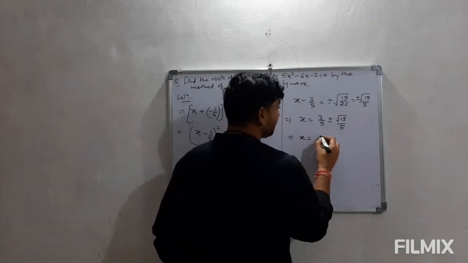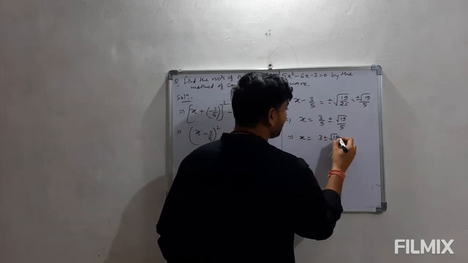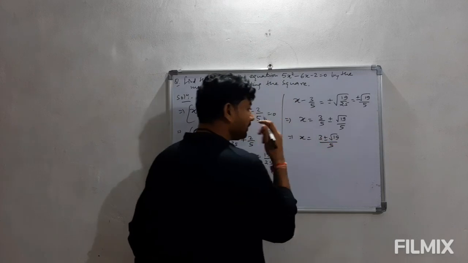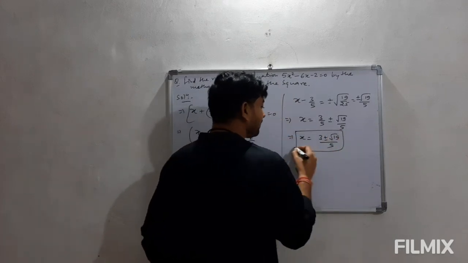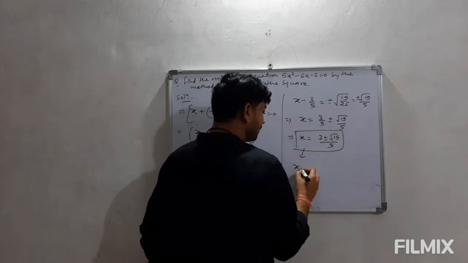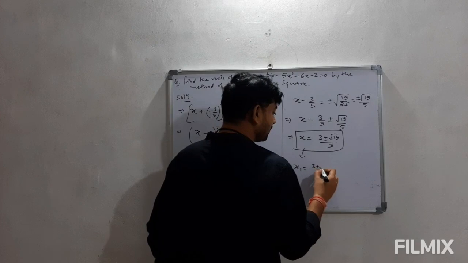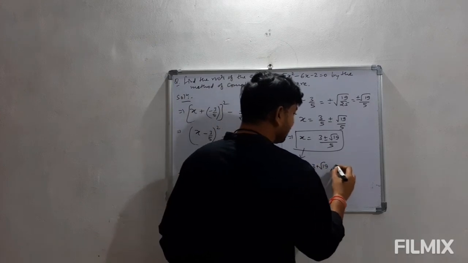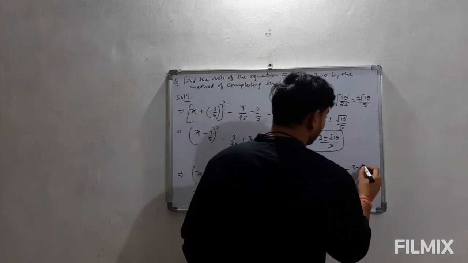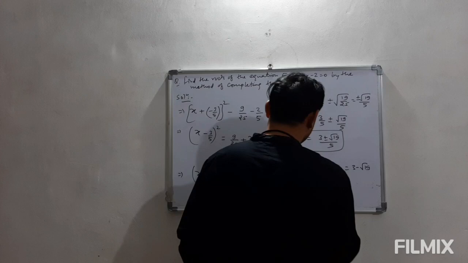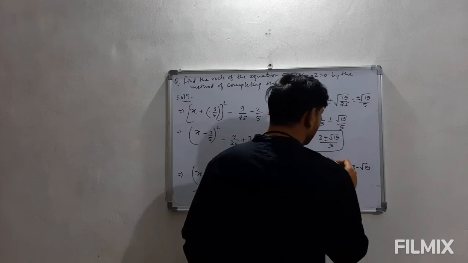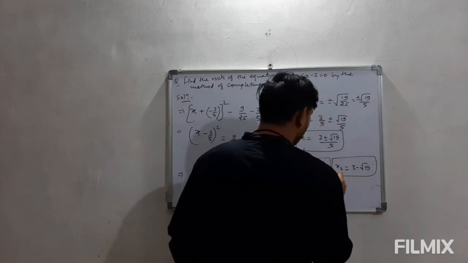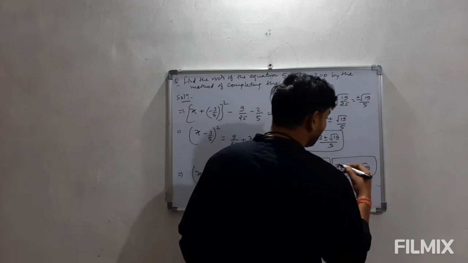The LCM is 5. So 3 plus minus root 19 upon 5 is the final answer, where if we need the separate values we can use x1 is equals to 3 plus root 19 upon 5 and x2 is equals to 3 minus root 19 upon 5.